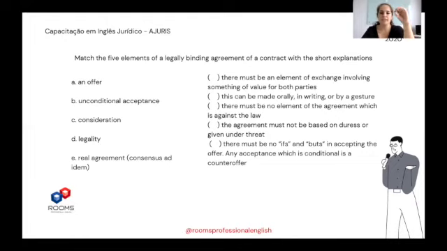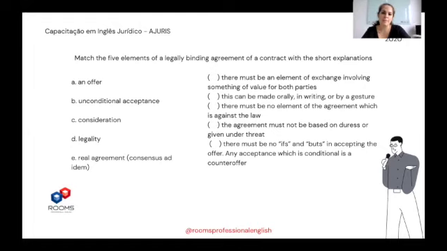The second explanation is that this can be made orally, in writing, or by a gesture. This is an offer. The third one, there must be no element of the agreement which is against the law, which is our legality.